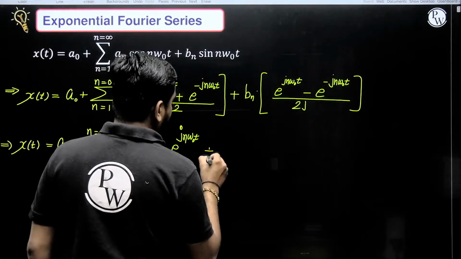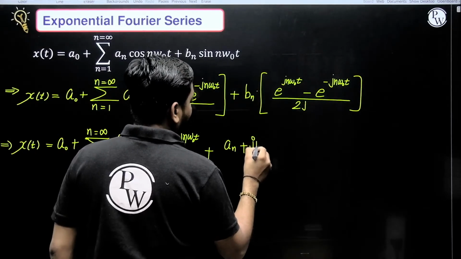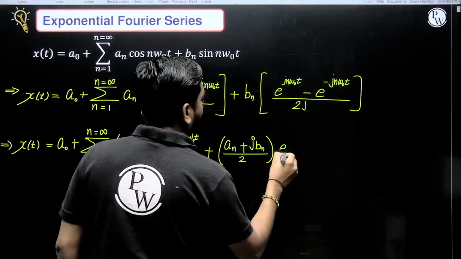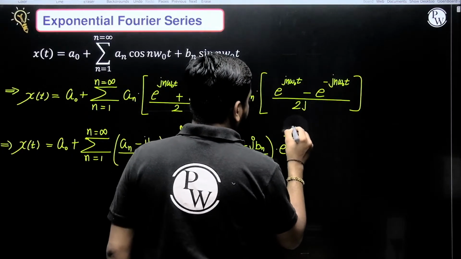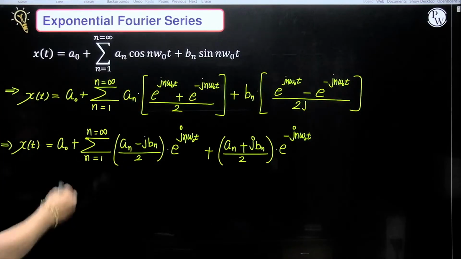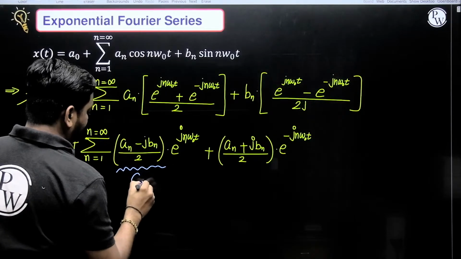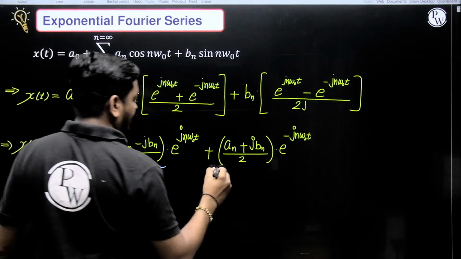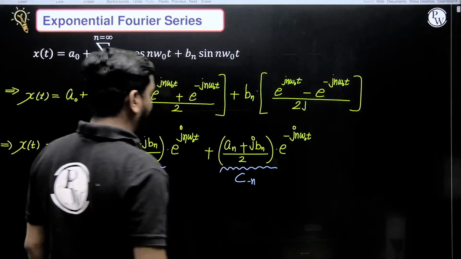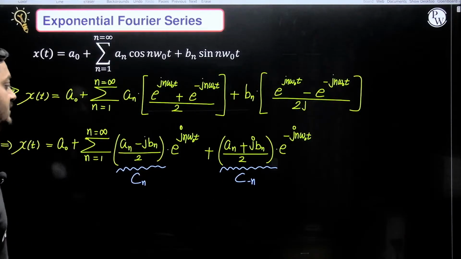Similarly bn, guys, plus jbn divided by 2. Correct. Let us consider this is the coefficient, I am writing this is Cn, and let us consider this is C minus n.